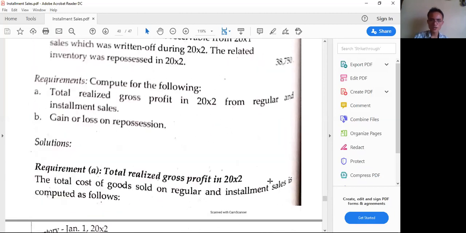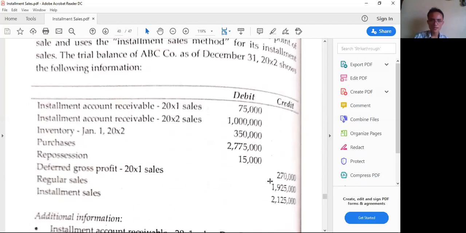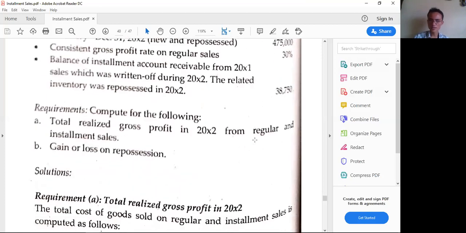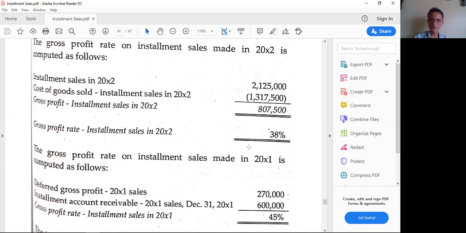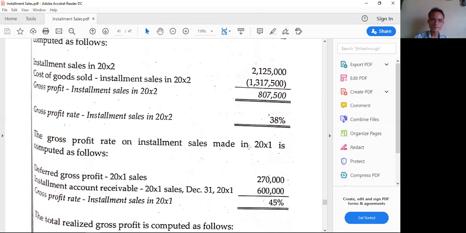Now, there are basically two installment accounts receivable, and if we see those two, it only goes without saying that we have to compute two items for the realized gross profit, this year and prior year. For this year's gross profit rate, remember that's just going to be the basic computation, that is sales minus cost of sales equals gross profit.